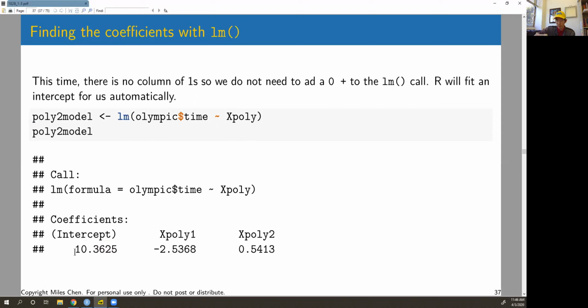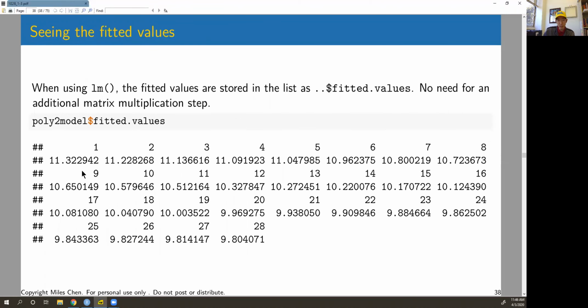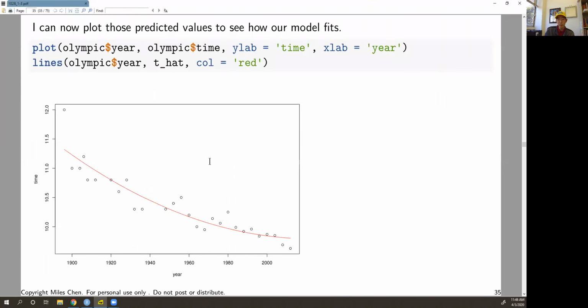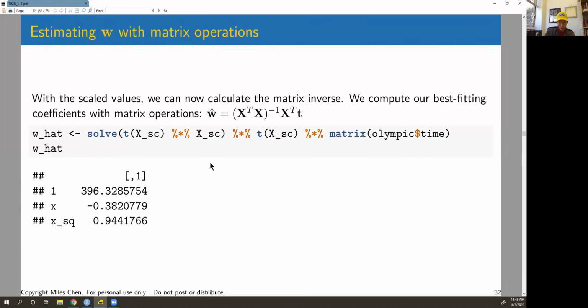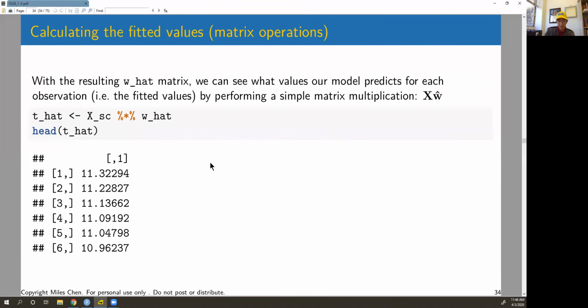Okay, I don't need that column of ones here. Okay, but the important thing is that when you look at the fitted values here, they match exactly the fitted values we got when we manually created our quadratic matrix X and found the quadratic fit.